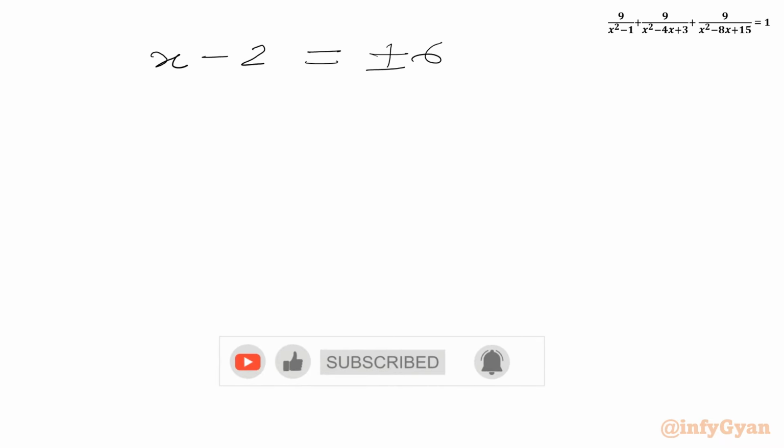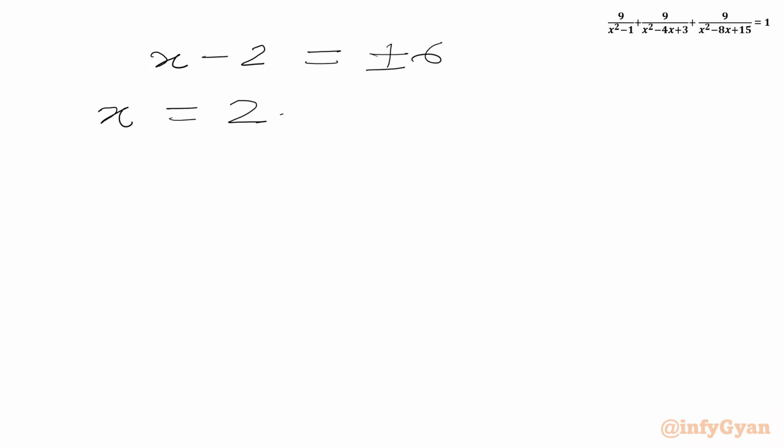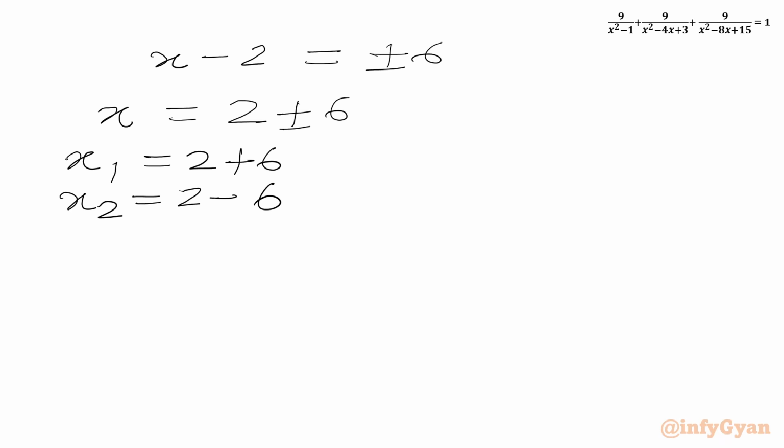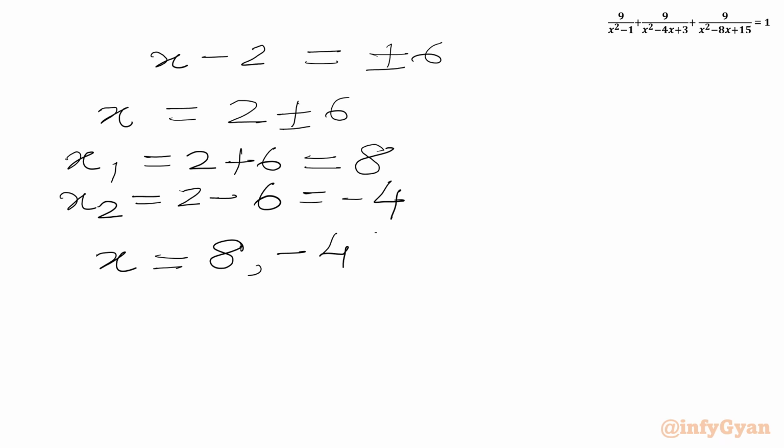Now we will add 2 to both sides and get x = 2 ± 6, which means we have two values: x1 = 2 + 6, and x2 = 2 - 6. So our first solution is 8 and the second solution is minus 4. So we can write x = 8 and -4.